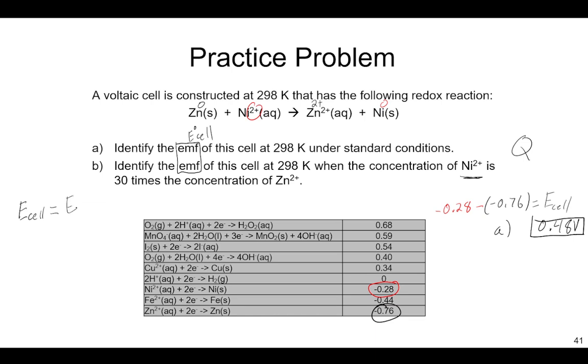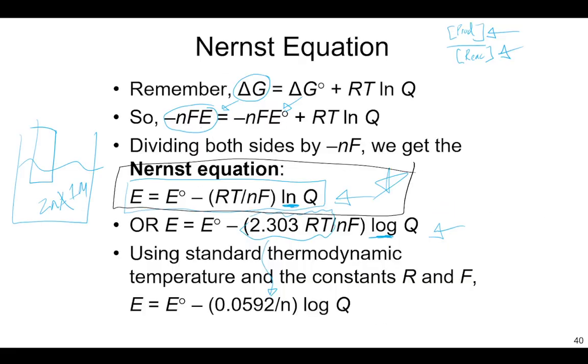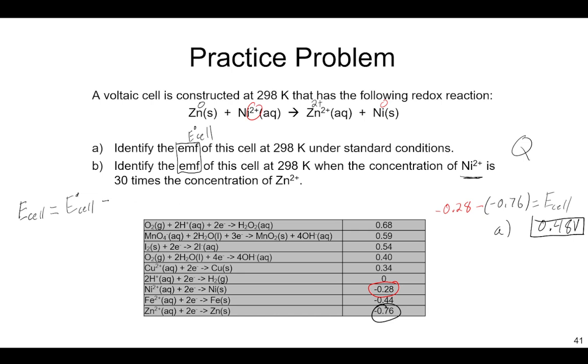I will use the standard state E cell, 0.48, I just calculated, but I need to adjust it by minus RT over nF times natural log of Q. Right, so this E cell is the one I just calculated. Okay, the R here, 8.314. The T here is given in the problem as 298.